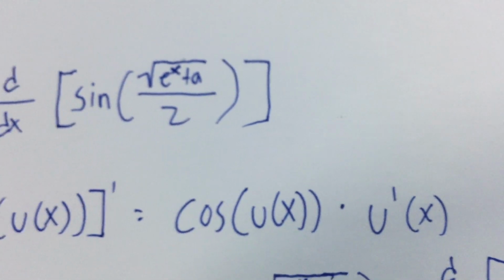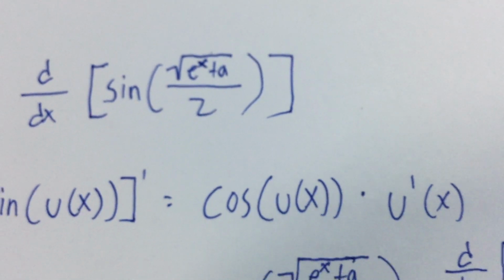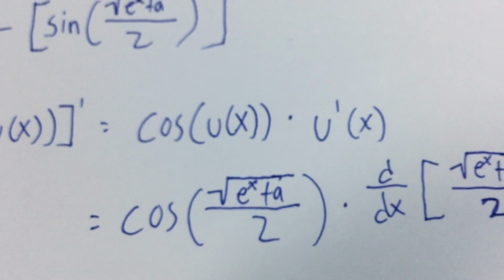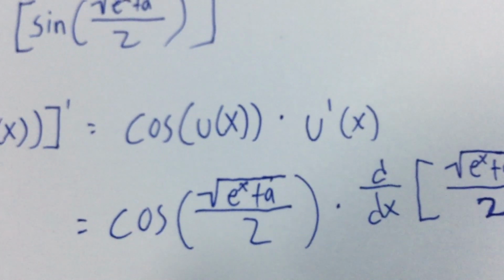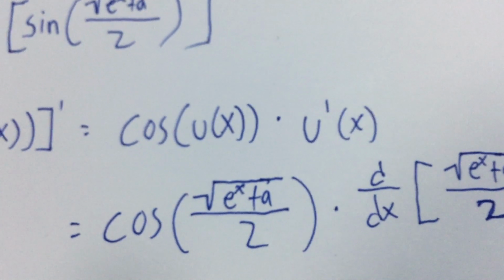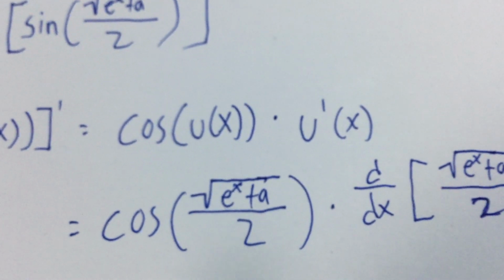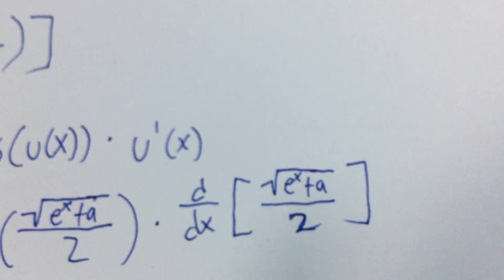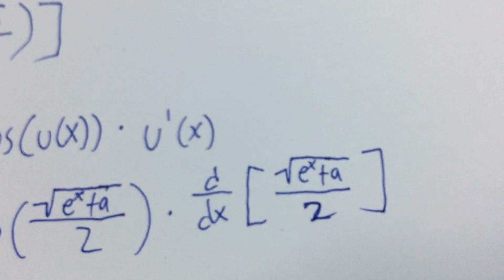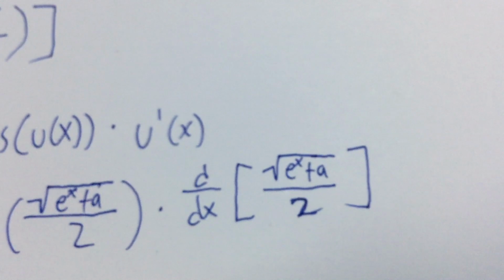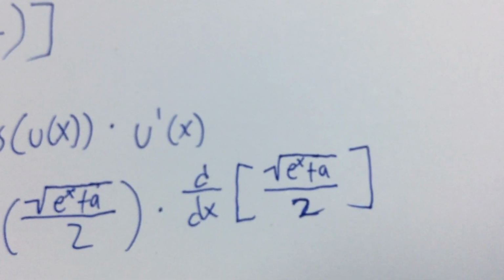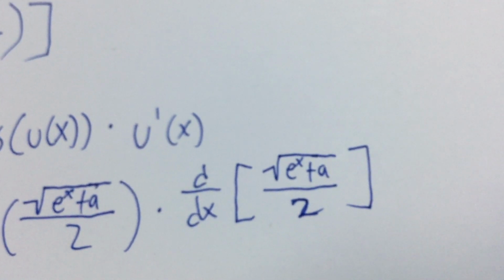Now let's put in our equation. The derivative of sine is cosine, and then copy the inner function, which is the square root of e^x plus a over 2, times the derivative of the inner. In deriving the inner function, differentiation is linear, so we can differentiate each part separately and pull out constant factors.